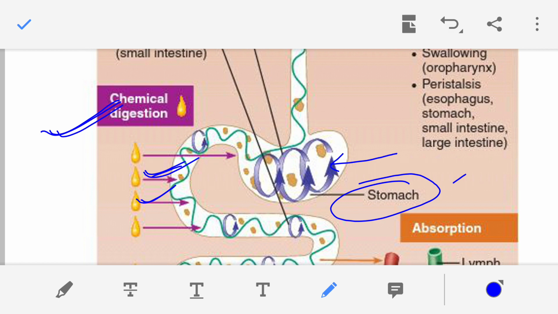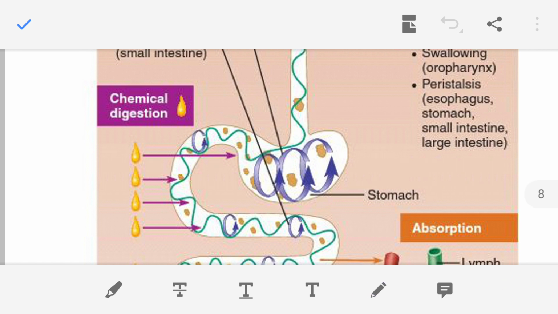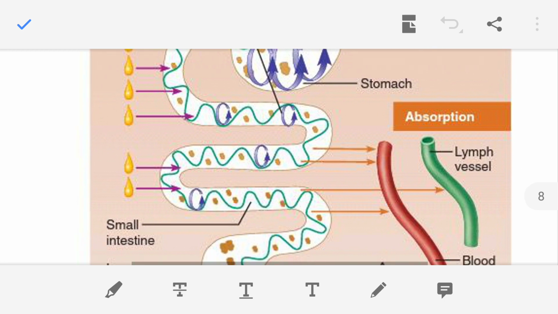All these juices contain various enzymes, and they perform the chemical digestion. That is the meaning of chemical digestion.